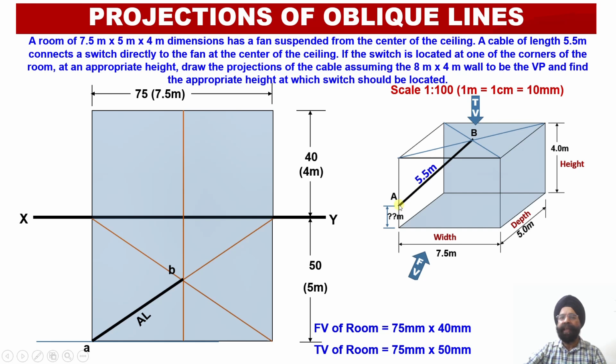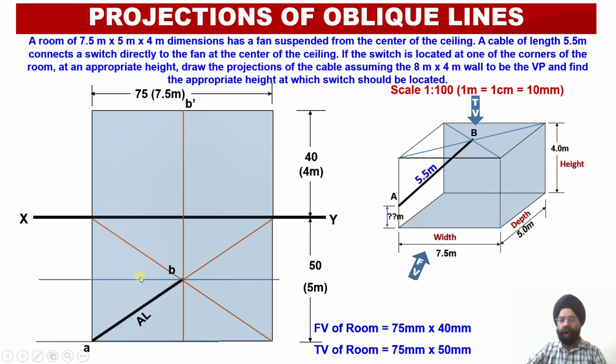So we know that the cable of length 5.5 meter connects a switch directly to the fan at the center of the ceiling. So this true length, that is AB1 or AB2, happens to be 55 millimeter. So we have to draw a locus line through the point A, and a locus line through the point B in the top view.